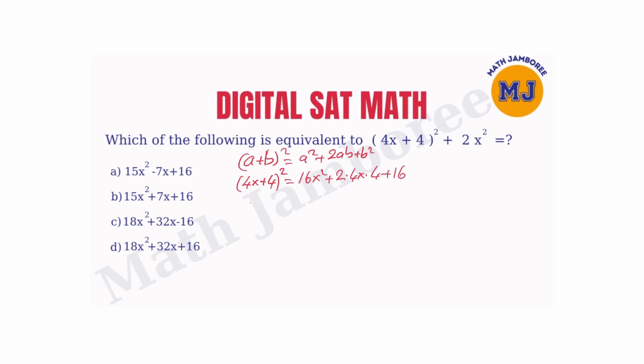So if you simplify this, (4x + 4)² is going to become 16x² plus 2 times 4 is 8, 8 times 4 is 32x, plus 16. But this is for this part, we need to add also the 2x².